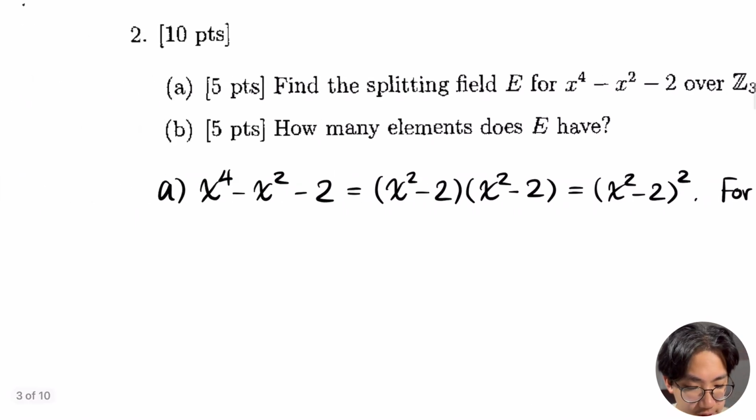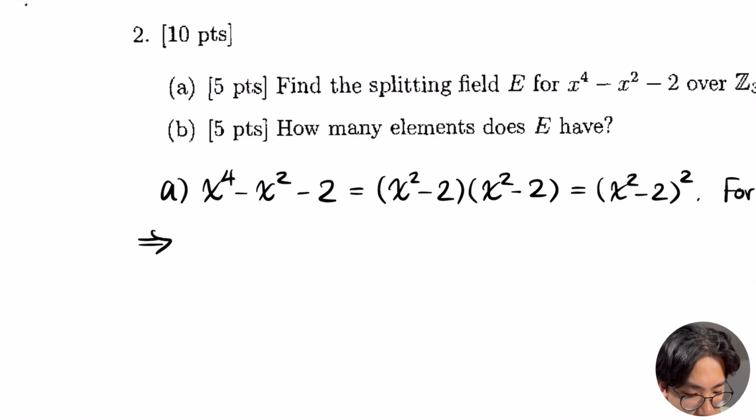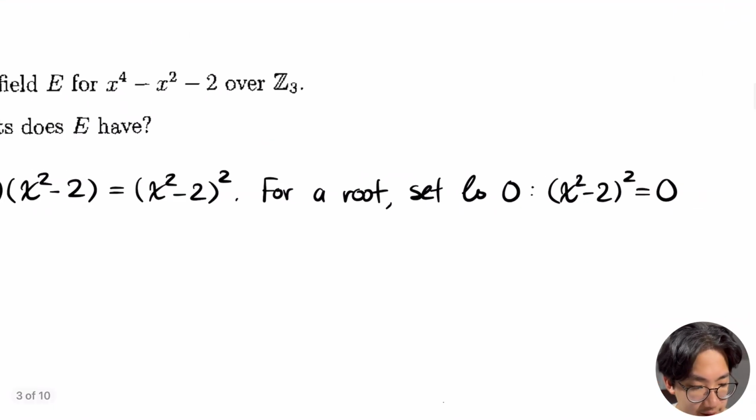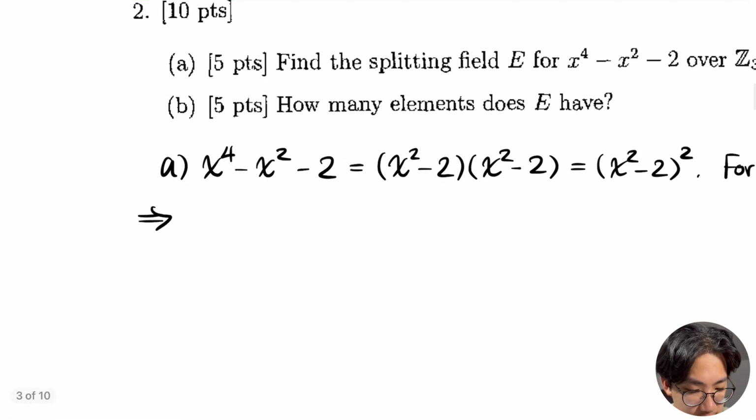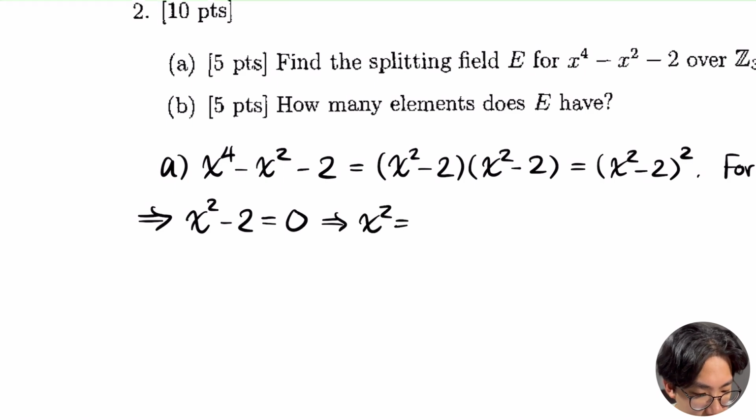And continuing from here, we can obviously take the square root of both sides in this case, so we have x squared minus 2 is equal to 0. And of course adding 2 to both sides, we have x squared is equal to 2, which in Z mod 3 is equal to -1. So I'm realizing you can actually leave it as 2 or -1. It'll work either way.